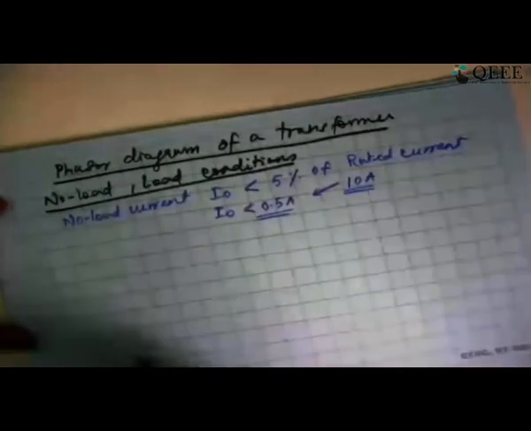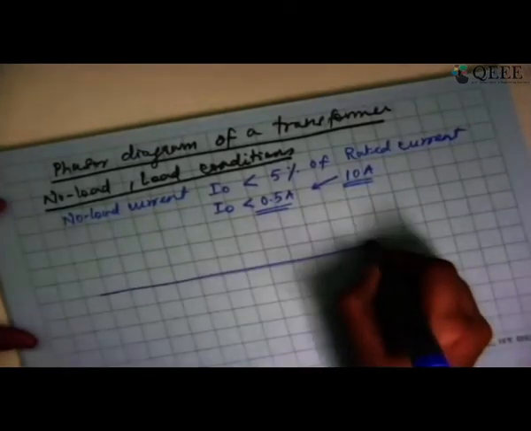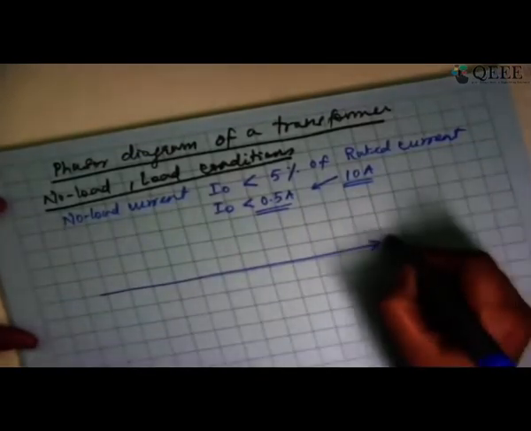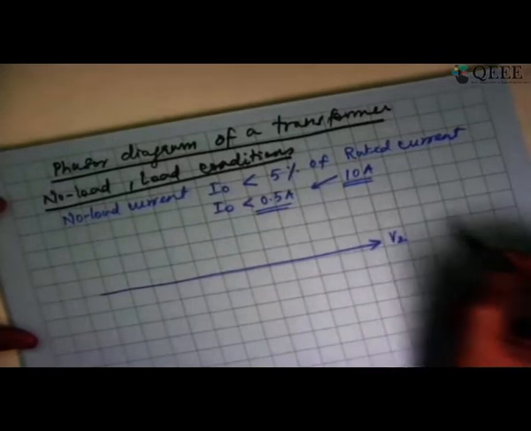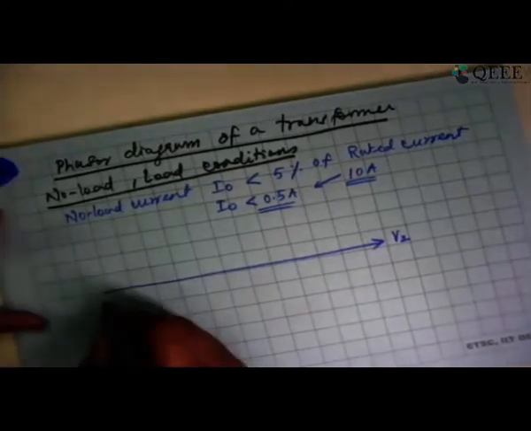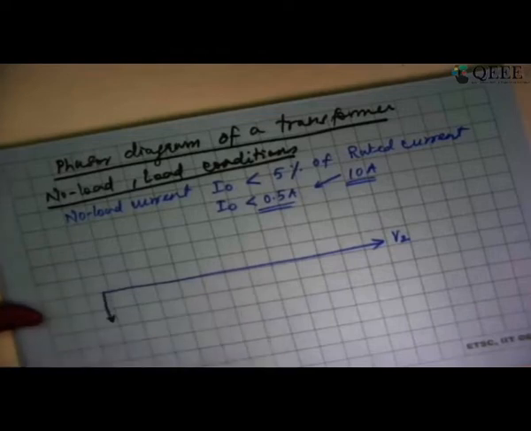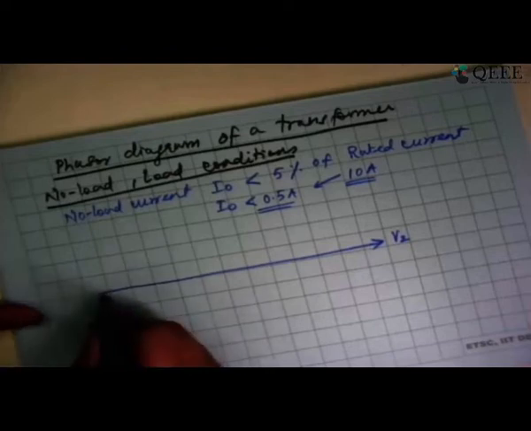So let us first of all try to get the complete phasor diagram. So let us say this is my V2 or V1, both of them roughly. Now I am going to have the magnetizing current at 90 degrees compared to this. It is going to lag behind by 90 degrees because it is an inductive current.